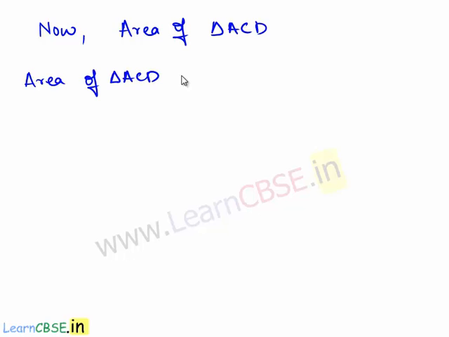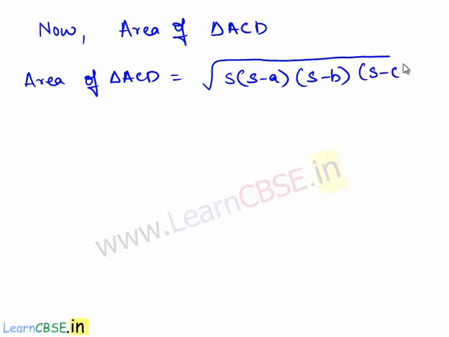Now we shall find the area of the triangle ACD. According to Heron's formula, area of triangle ACD is given by square root of s times s minus a times s minus b times s minus c. Here a, b and c are sides of the triangle ACD.